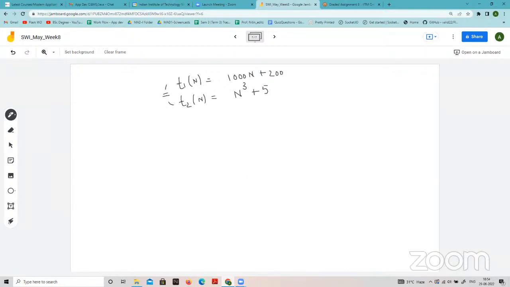So 1000n + 200 = n cube + 5. So this becomes a cubic equation. Let me rearrange this: n cube minus 1000n minus 195 equals 0. There is a square term missing, so we'll just try to find the values of n for which this equation becomes 0. I have a calculator, I'll get the answer. Just a minute.